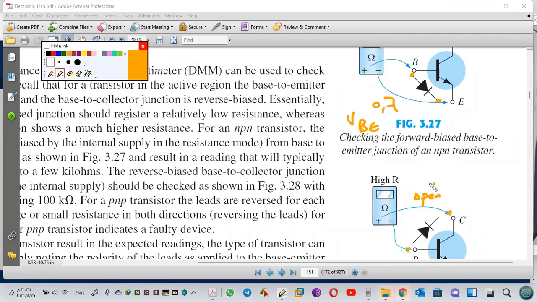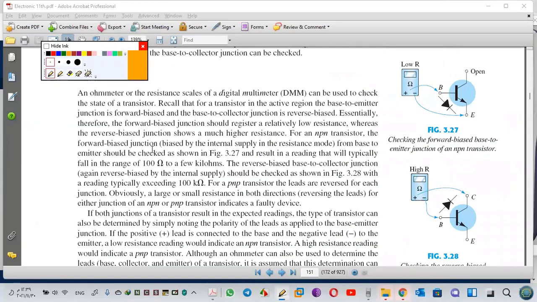VBE, see here, VCB. This is forward. This is reverse. Forward, we have a value, for example, 0.7 volt. For reverse, it's open. That's what we read in the ohmmeter, it is infinity, a big number. For that reason, you can know which one is NPN or PNP.